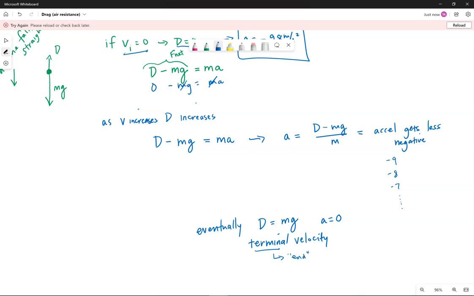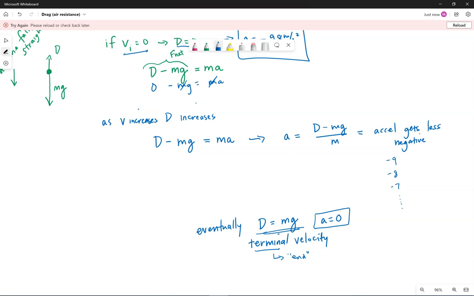The speed of an object falling through the air, given enough room to accelerate, will keep going faster and faster until the drag force is equal to mg. Once it has reached that point, the acceleration is 0, and it will stay 0 until something changes.